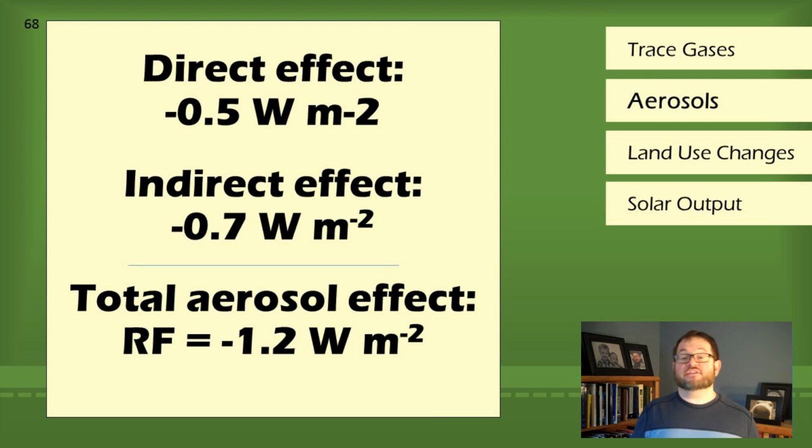And the indirect effect of aerosols was to cool the planet because it made the clouds more reflective. So the total aerosol effect is you add those together and it's a whopping negative 1.2 watts per square meter. That's a pretty big offset of the global warming that's caused due to the radiative forcing of greenhouse gases. The total was right around 3 watts per square meter due to greenhouse gases. We've offset a big chunk of it.